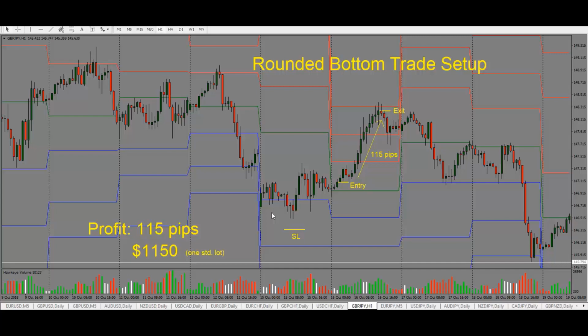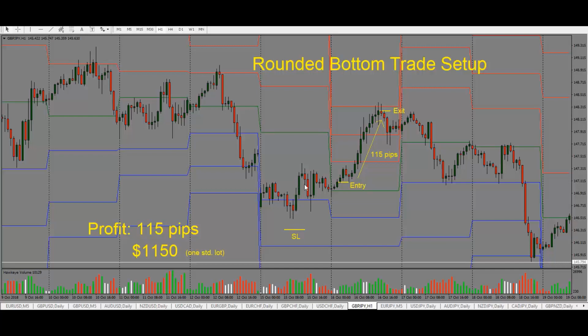When we see this rounded bottom trade setup, we know that price is likely to turn around because it's slowly picking up those orders from the bottom, and now it could turn around from here. So in this case, we see that price is coming down here and it starts to then move up slowly here. Price comes into the support, pushes up, tries to make a lower low here, but then pushes off of that.